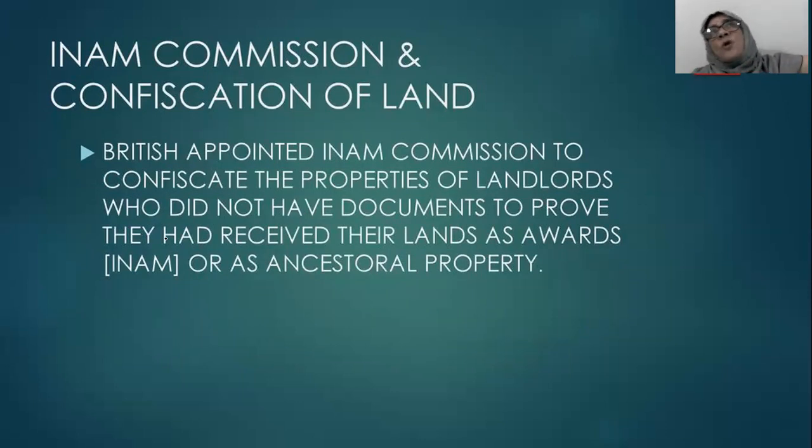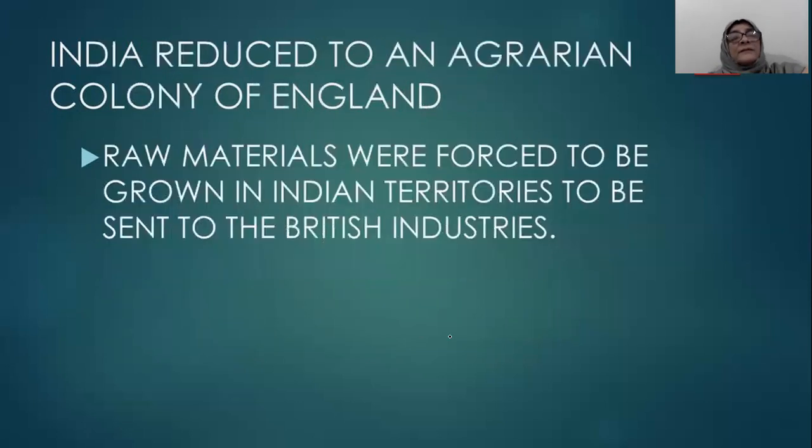They found ways that if they do not have any proof that this land belonged to them, they would take away the property from the zamindar. Usually the zamindars had been ruling for years, and people had so many things with them, but they did not have proper documents. So nothing was in black and white. They were taking advantage of that.